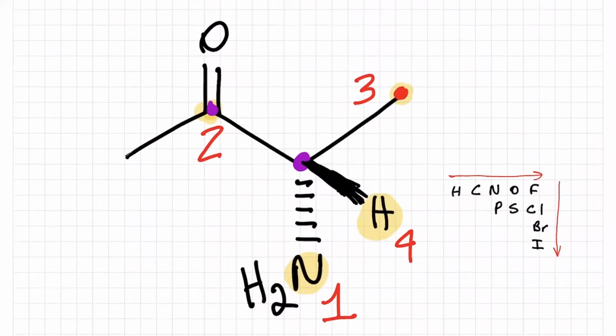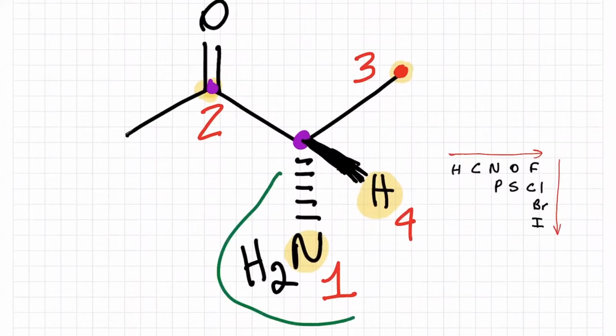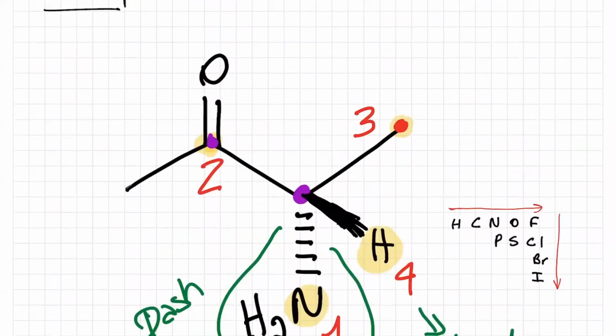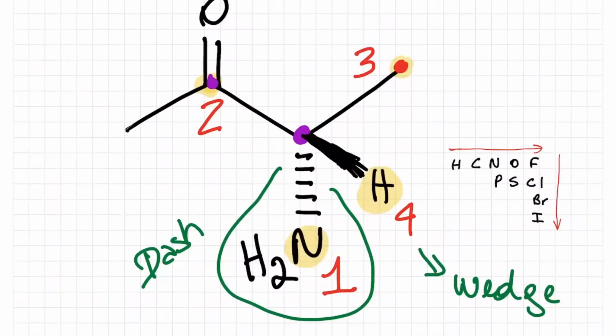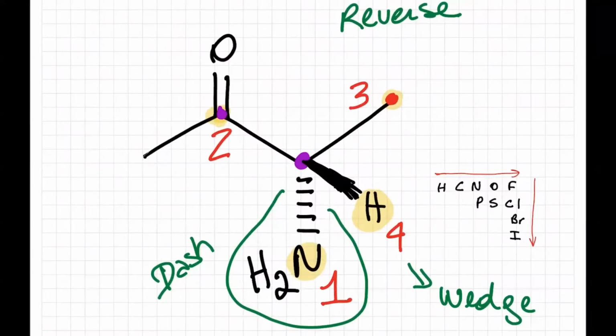So what I like to do on the exam, once I realize that my first priority is on a dash and my fourth priority is on a wedge, it's not the ideal case. So I'm going to have to reverse it. Let me zoom out a little so that you can follow what I'm saying.